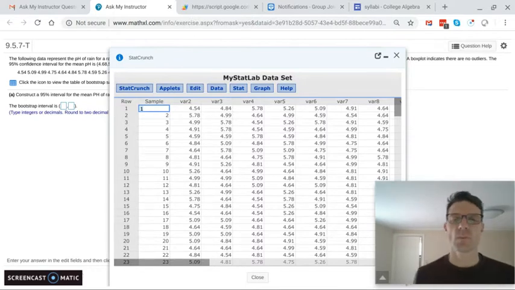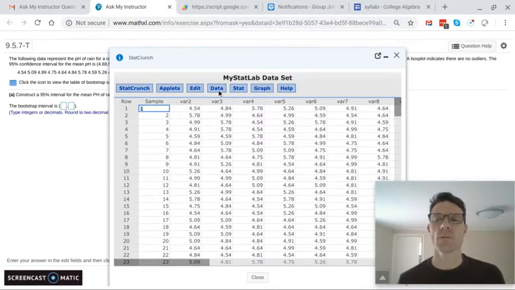And usually what we want to do is get the mean of all these samples, but usually the samples are arranged in columns instead of in rows. So to get the mean of all these different things, you have to transpose the data.